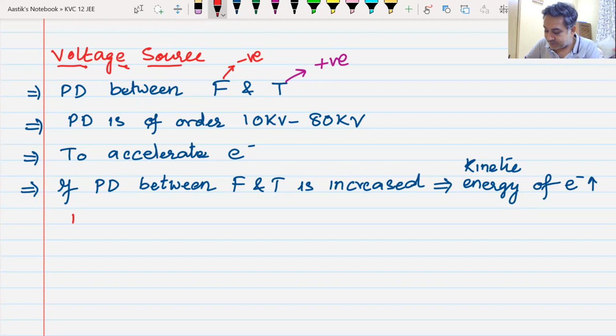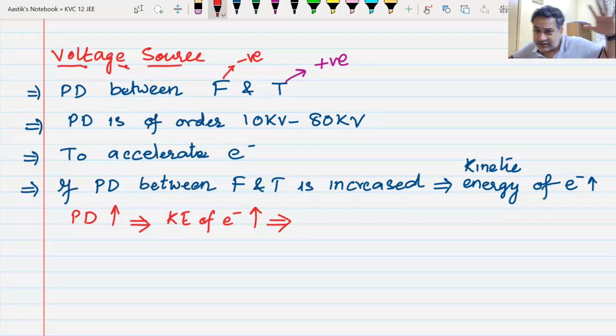When the potential difference (PD) increases, that implies the kinetic energy of electrons increases. More energetic electrons are hitting the target. So what will happen with the target? More energetic X-rays will come out.